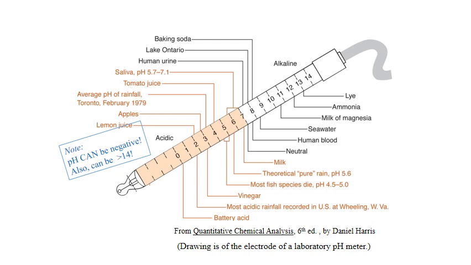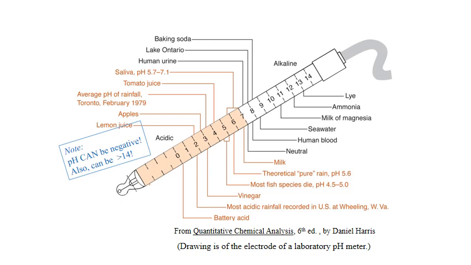Interesting, fish die below a pH of 5, pH 4.5 to 5. Most fish species die. That's in there because there used to be quite a problem. The previous big environmental challenge was acid rain, and some of the streams would become acidic. Vinegar is on here.